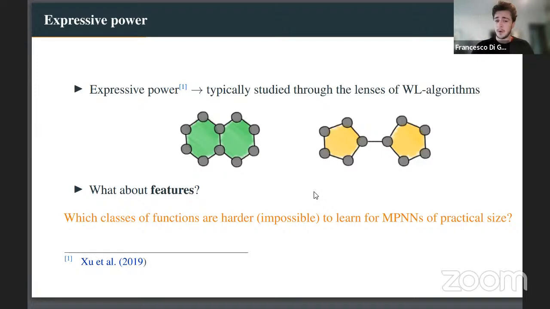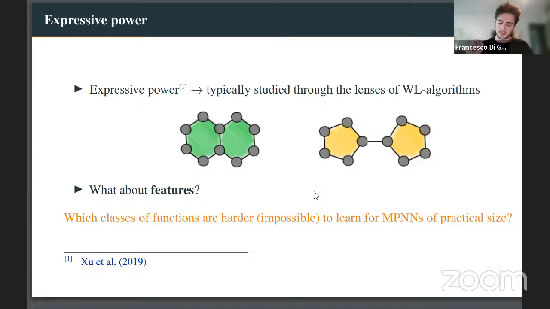So the point is that we would like to address this question by actually studying expressivity in terms of characterizing which functions of the features are harder or impossible to learn for message passing neural networks of practical size.